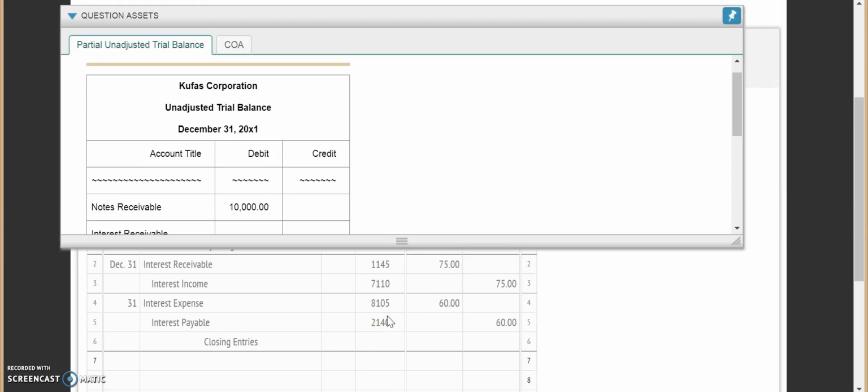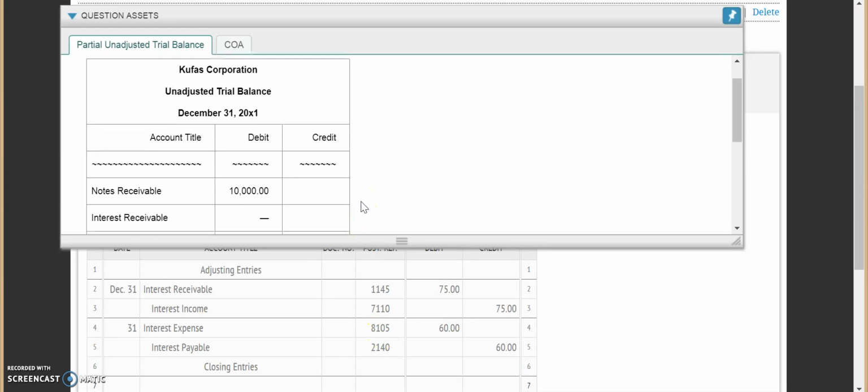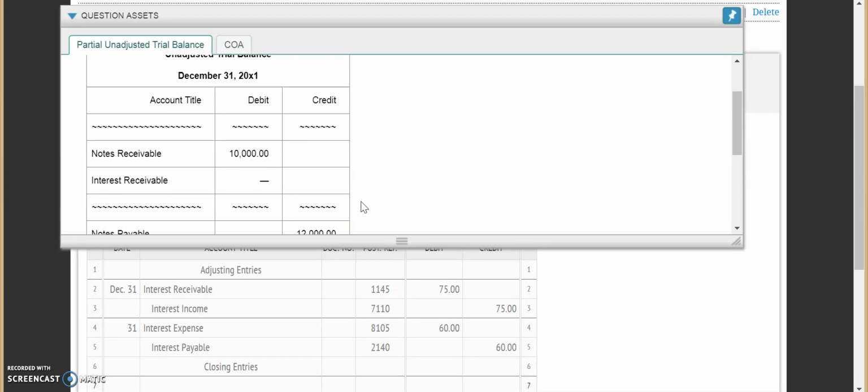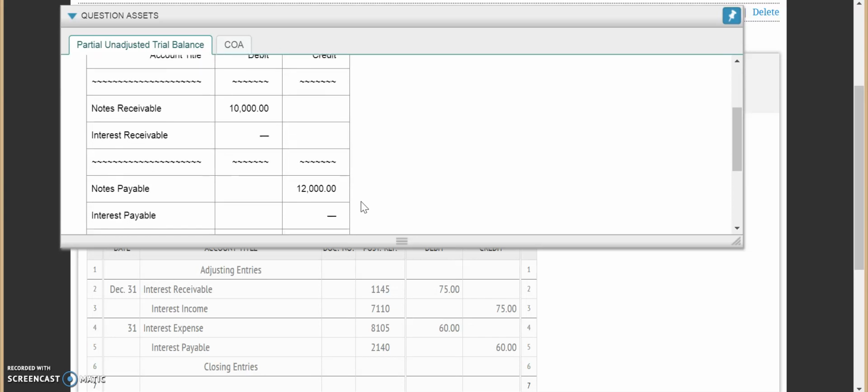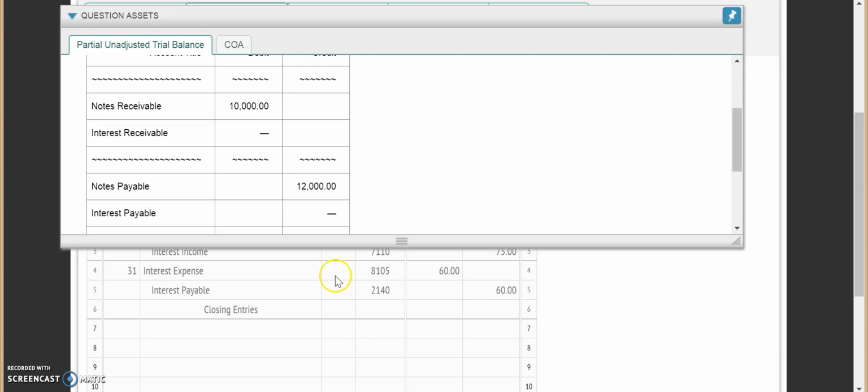So notice that what Applia has done is they've actually gone in and posted these amounts for us, and we have an unadjusted trial balance up here. So what we need to do when we're talking about closing entries, remember, is that both of these actually get closed into our income summary accounts. Our first closing entry is for our interest income.